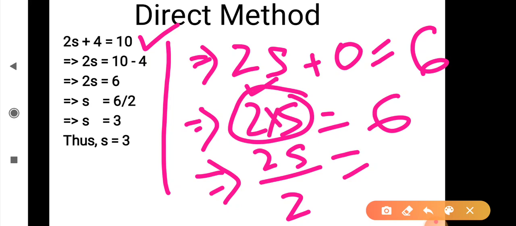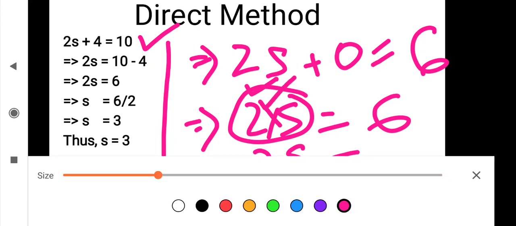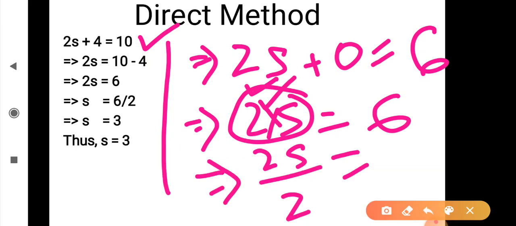If it is multiplication here, 2 has got multiplied, then you need to remove that same 2 with a 2, but by division. Just the opposite of what is already there.